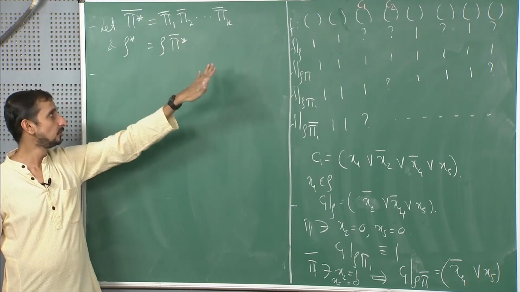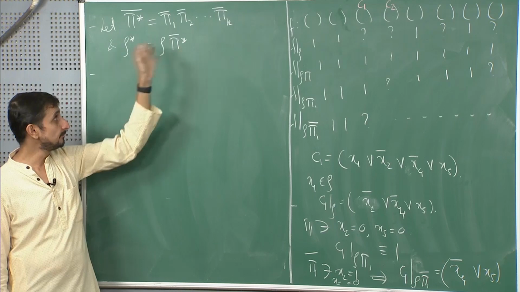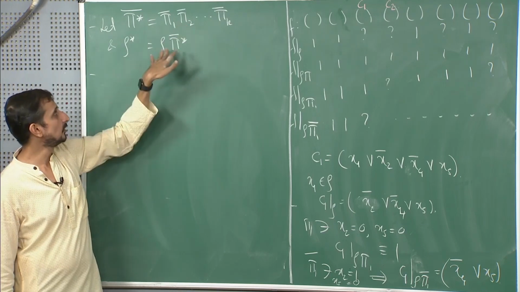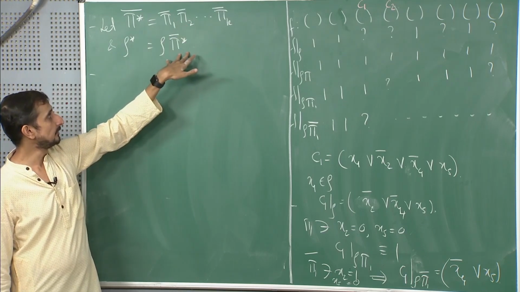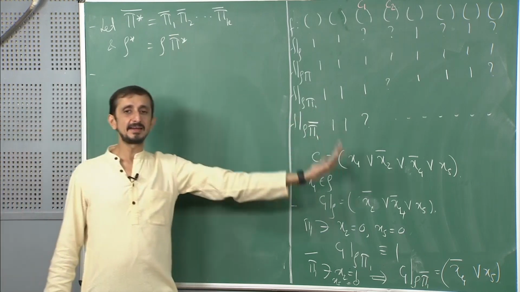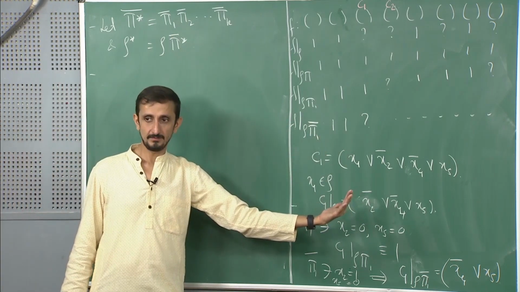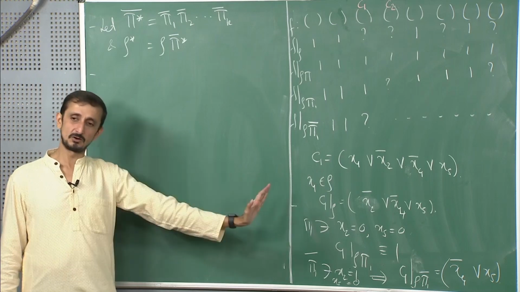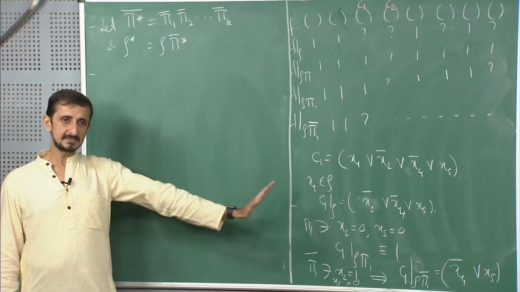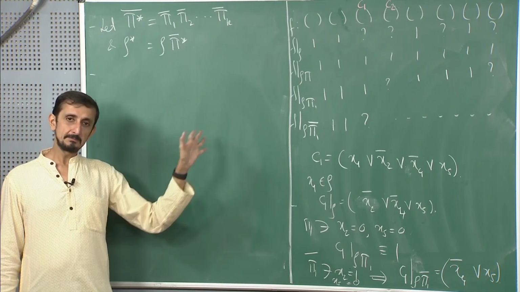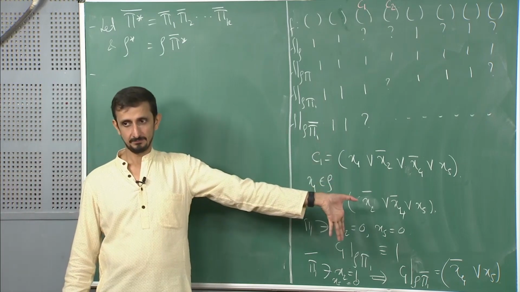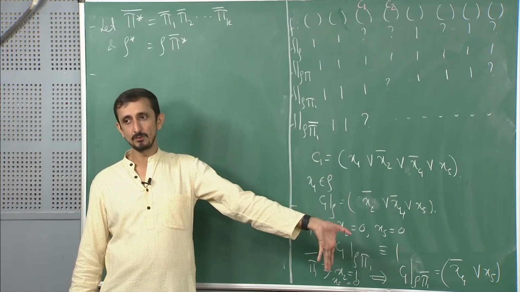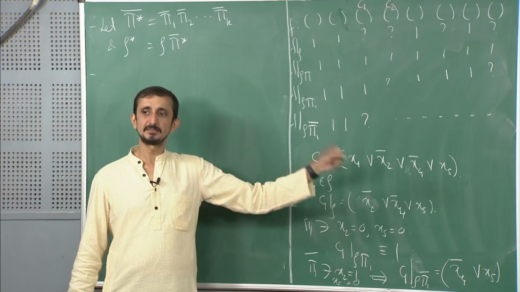Or sorry, let us say I am given pi 1 and I am given rho pi 1 followed by pi 2 bar, then I can uniquely identify C2, right, because C2 will be the first clause which is not set to 1 by rho pi 1 pi 2 bar, because pi 1 is already setting C1 to 1, and by our construction that is the first thing.